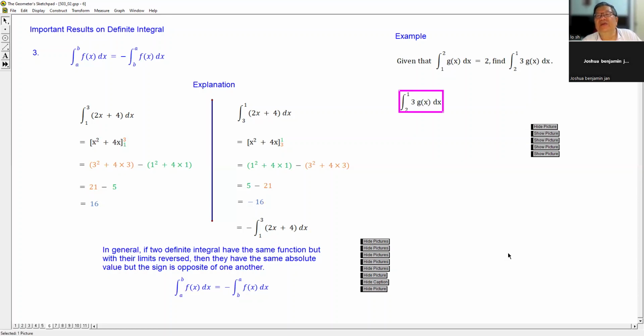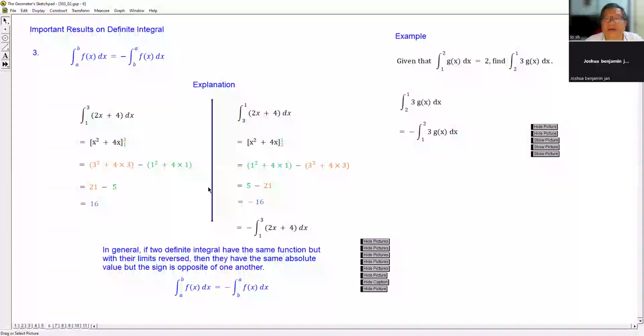So let's proceed. I want to find this. It's the same, I just copy it down here. So I want to find the value of the integral from 2 to 1, 3g(x) dx. Next step says that if you want to integrate from 2 to 1, it is the same as integrating from 1 to 2, except that you have to put a negative sign in front.